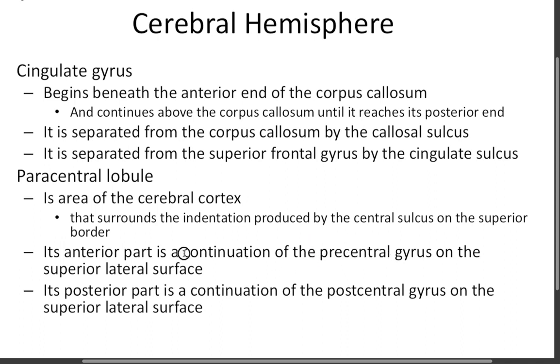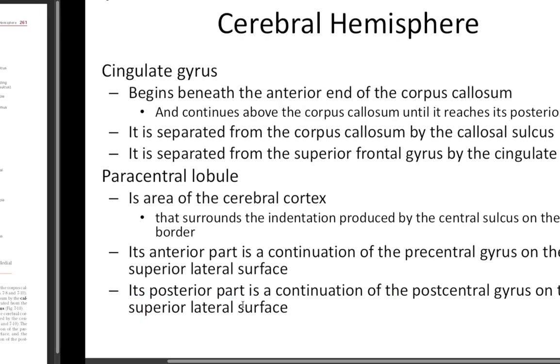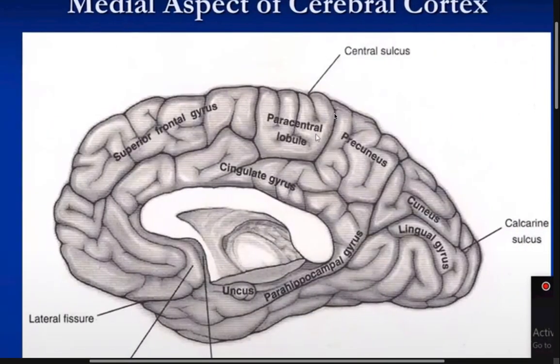The doctor called this continuation the medial extension, okay? The posterior part is the continuation, she called it the medial extension of the post-central gyrus, because the post-central gyrus is posterior to the central sulcus, and therefore the posterior part is the continuation of the post-central gyrus on the superior lateral surface, like we said in here. This is the paracentral lobule. Again, the anterior part is the medial extension or the continuation of the precentral gyrus that is located superficial lateral, and its posterior part is the medial extension of the postcentral gyrus that is located superficial lateral.